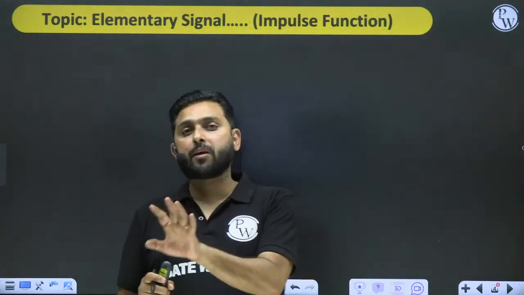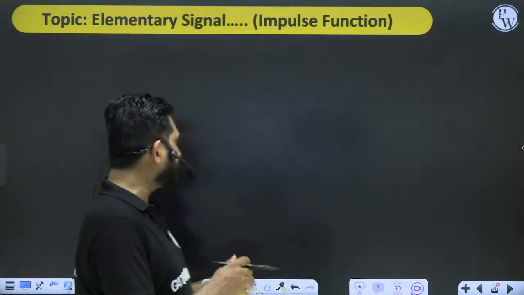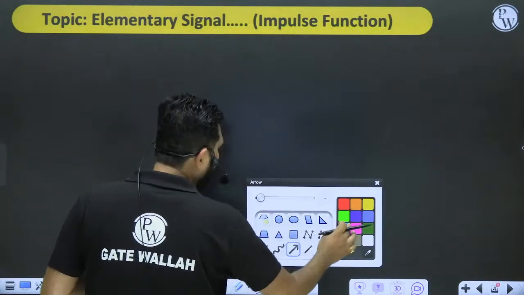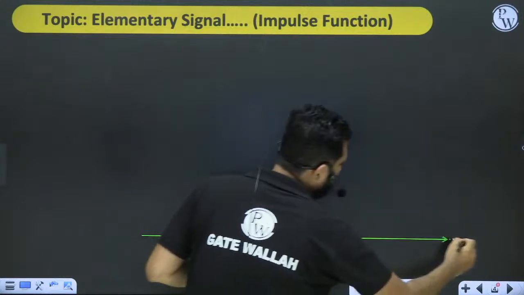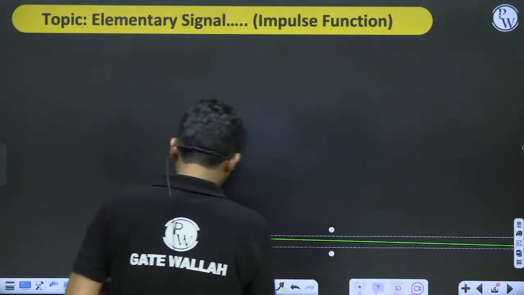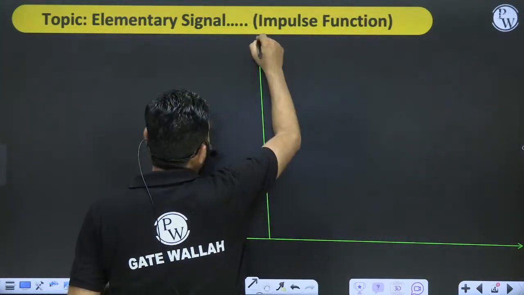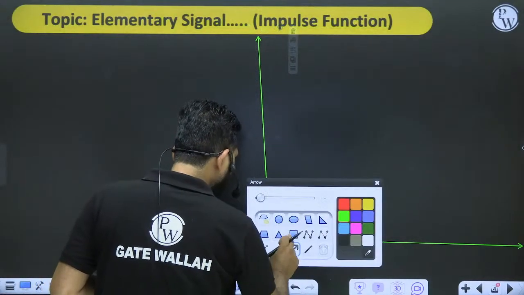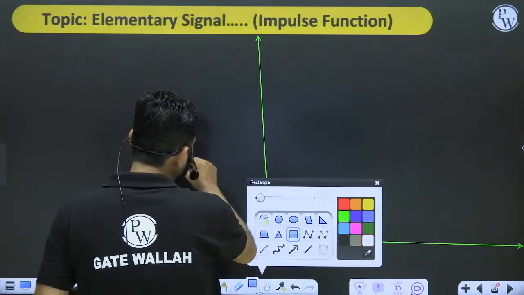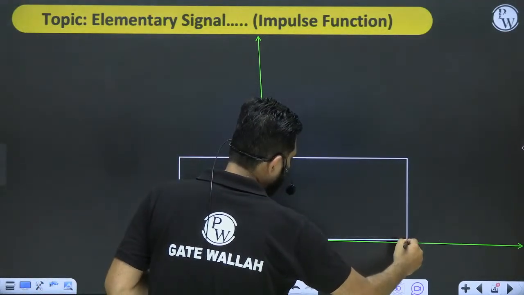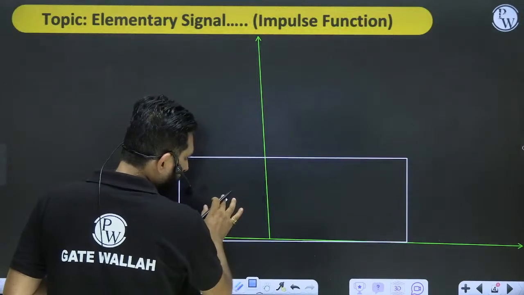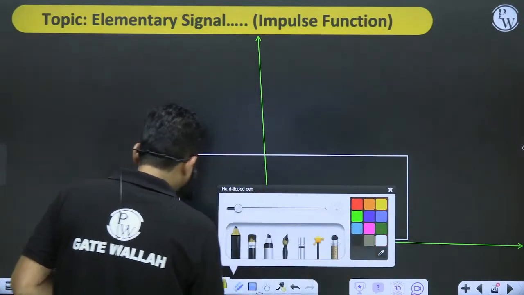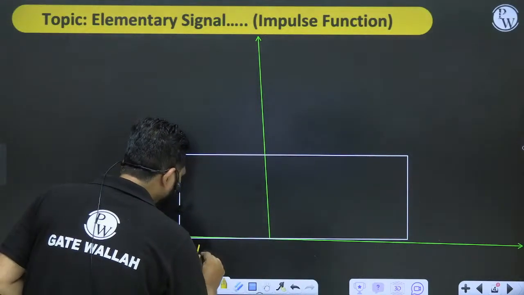In signal processing also, the impulse function is a function. Suppose I have a step function like this, from minus tau by 2 to tau by 2.